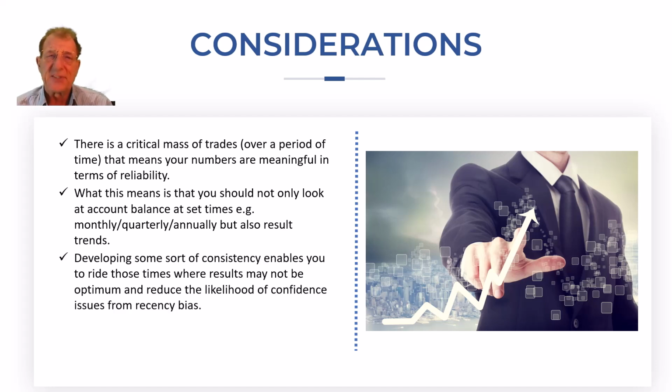Developing some sort of consistency in the way you behave enables you to ride those times where results may not be the best that they can be and reduce the likelihood of confidence issues from recency bias. So, for example, if we have a run of 3, 4, or 5 trades which don't go our way in a row, then that should be seen in the context of how a system and yourself are performing in markets.